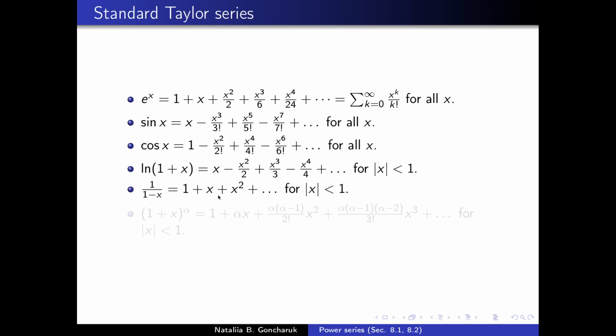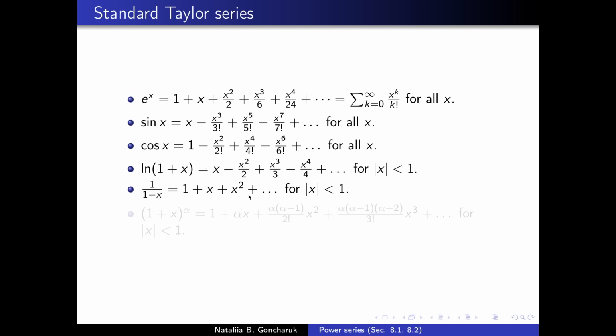The series for the logarithm only converges when the absolute value of x is smaller than 1, because otherwise the logarithm of 0 is undefined, so this cannot hold true when the absolute value of x is greater than 1.